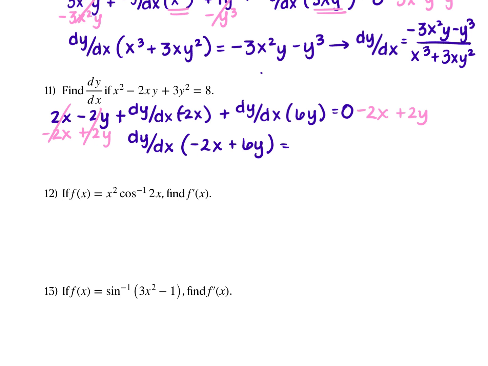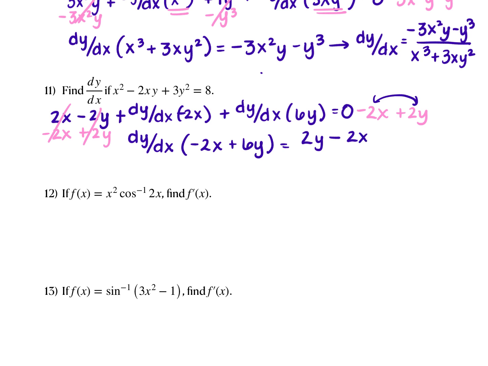Equals, on this side, just to make life a little easier, because this is addition, I'm going to switch these around. You don't have to, but I'm going to write this as a 2y plus, nope, sorry, I meant to do a minus 2x, because I made the 2y positive, the 2x negative.